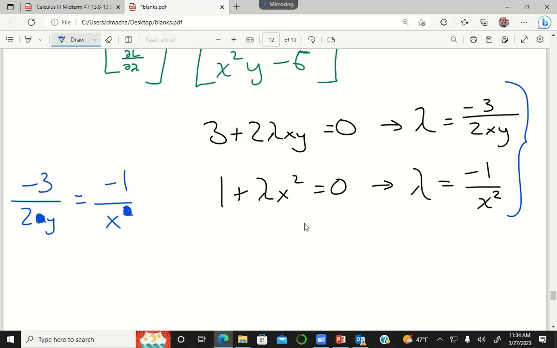Then I'll multiply both sides times 2y and multiply both sides times x, and I get negative 3x equals negative 2y. Make them both positive, just for fun. And I can get a formula like y equals 3/2 x.